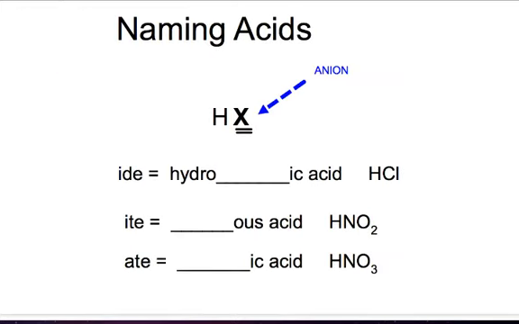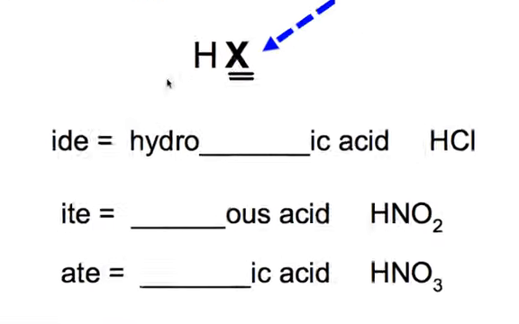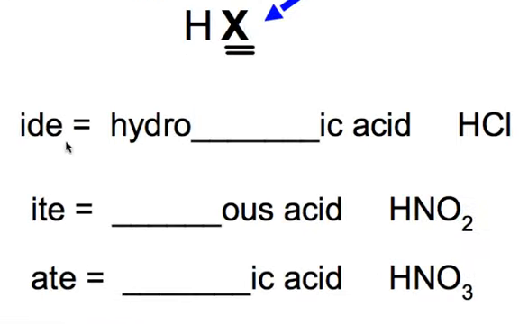Naming acids, it's a little bit different. Remember, acids are always going to have hydrogen at the beginning, and then whatever the anion is, the negative ion, determines how you name them. If the anion ends in "ide," for example, hydrogen chloride, then you use the "ide" rule, which is hydro blank ic acid. Hydrochloric acid.